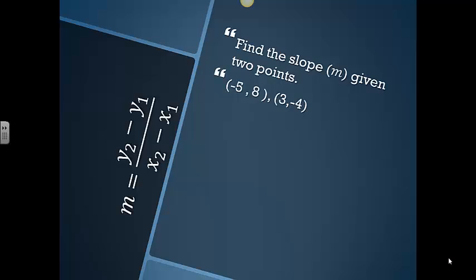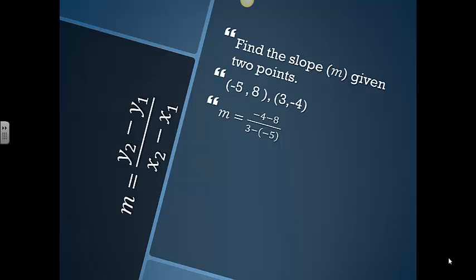And then the second ordered pair, 3 is x2 and -4 is y2. So when we use that formula, I actually have -4 minus 8 over 3 minus a -5. You see how I went ahead and put that in a parenthesis. Now we've talked several times about substituting in for a variable and how important it is to put that number in a parenthesis, and right here is proof as to why that's important.